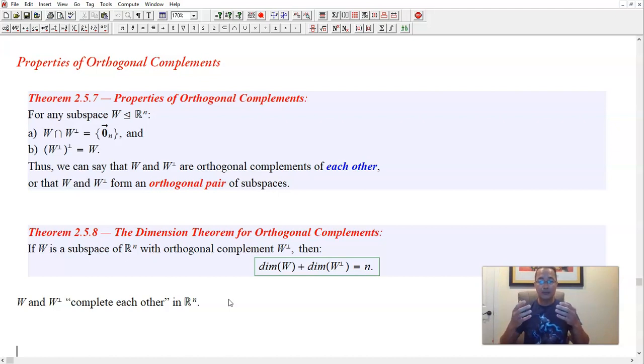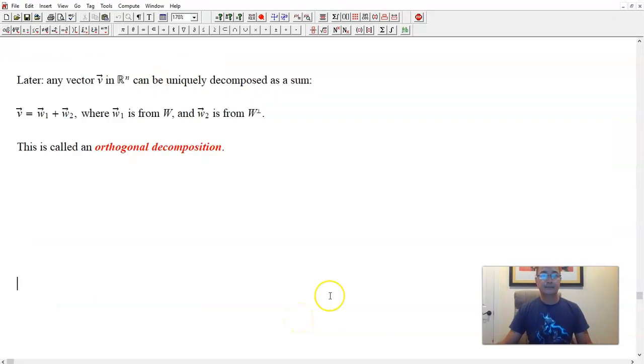In the right triangle 30, 60, 90, 30 and 60 add up to 90. In the same way, if you have a subspace W of Rn and its orthogonal complement W perp, the dimension of W and the dimension of W perp add up to n. So, in a sense, they complete each other in Rn.